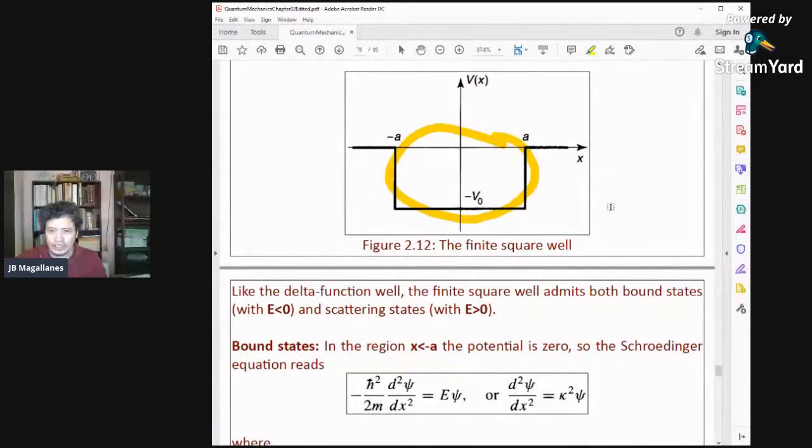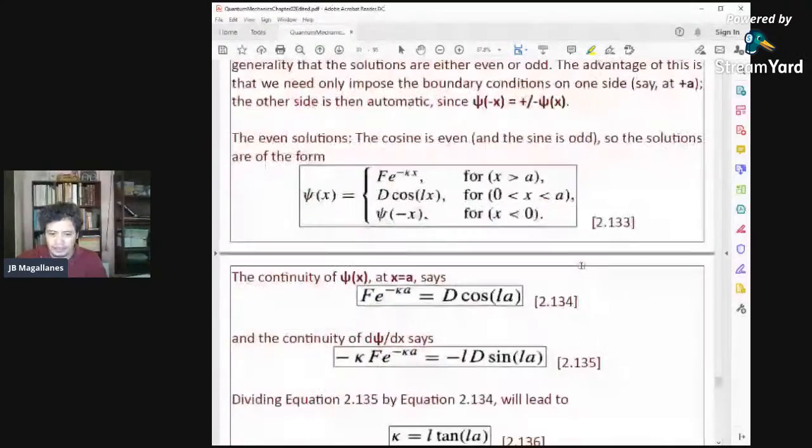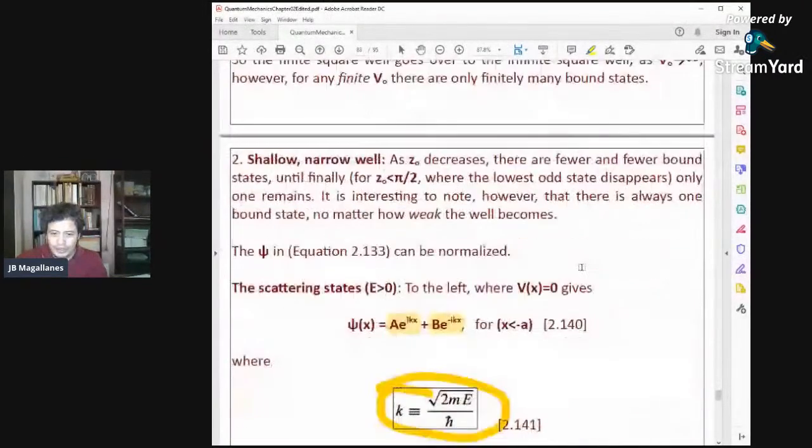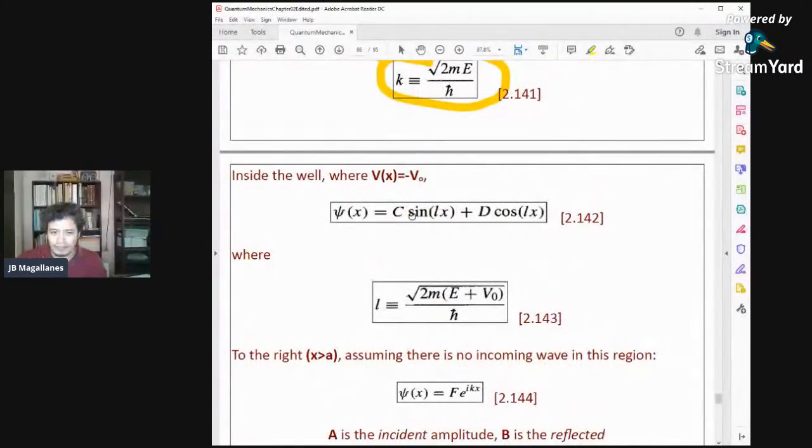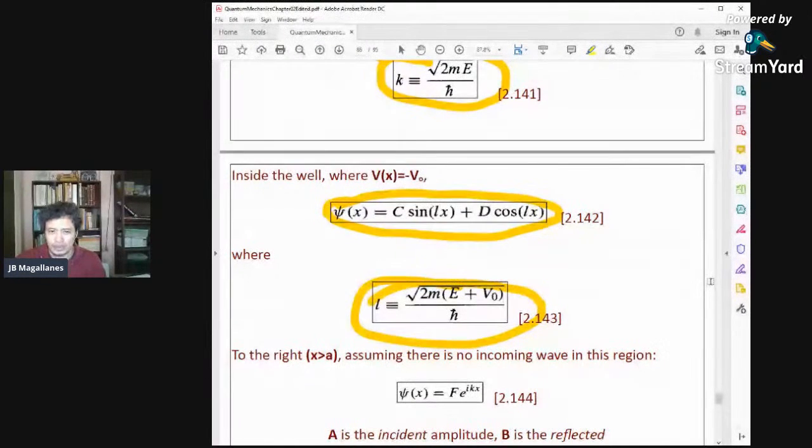For the middle region in the scattering states, you will have this solution again, where L is equal to that as usual.